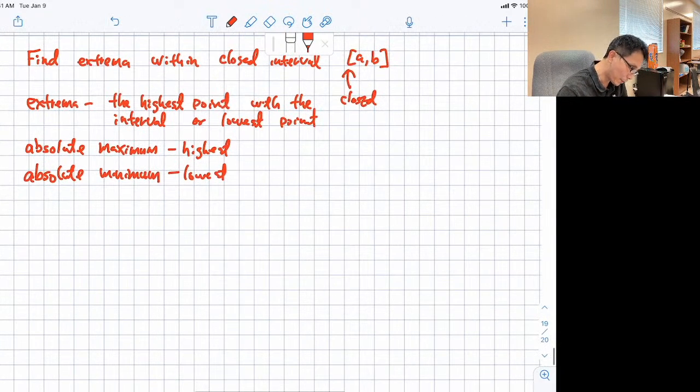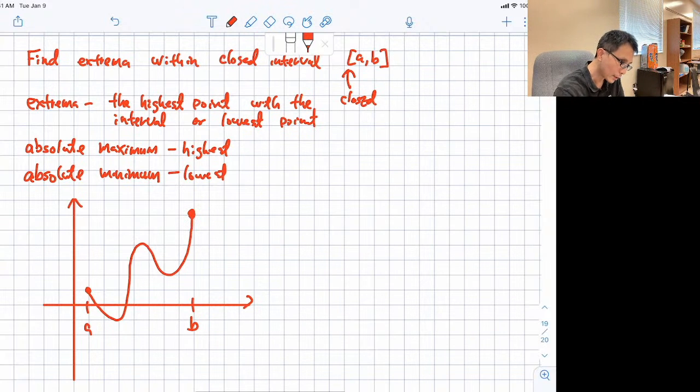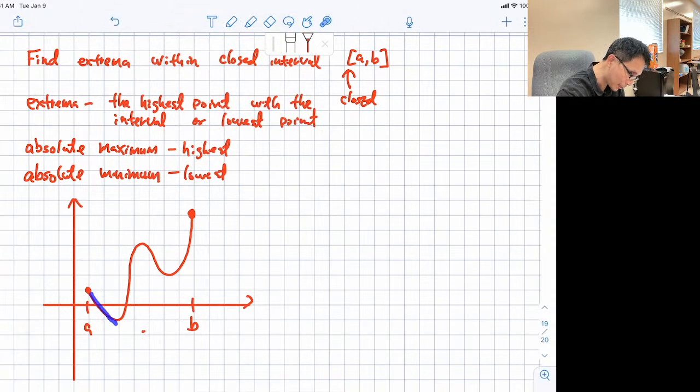For example, if I were to give you a graph, let's say I have an A and a B here. I have some type of graph like this, and I go down lower and up higher, then down lower again, and the highest is at B. At this point, since the function goes down and up, this is called a relative minimum.